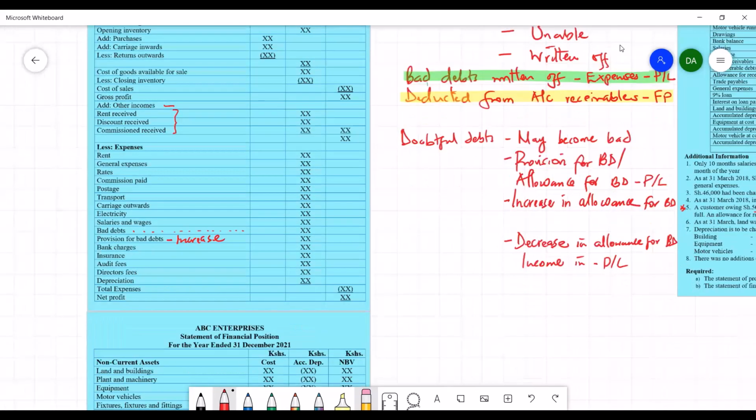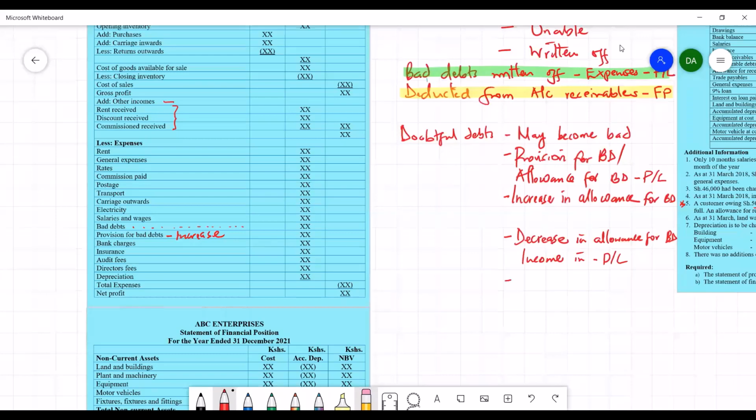Also, the balance of the provision at the end of the period should be deducted from the debtors, that is, from the accounts receivable in the statement of financial position.